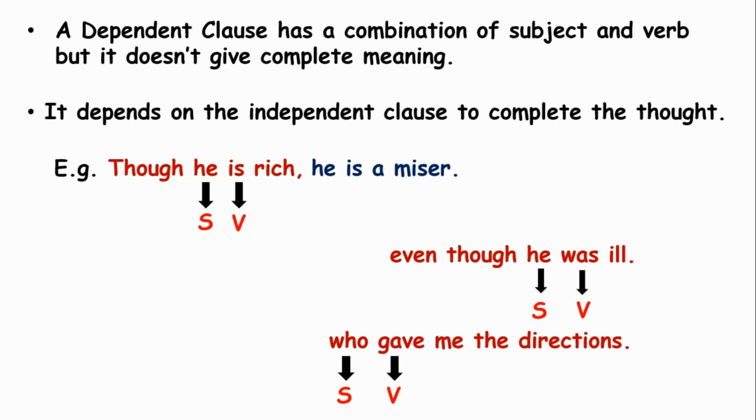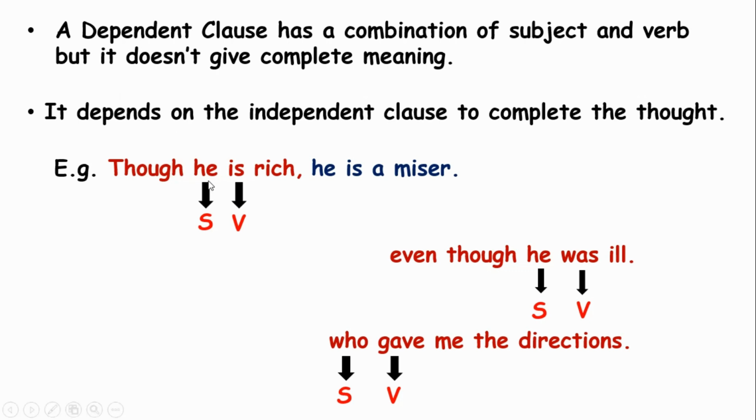Though he is rich, he is a miser. Now look at the sentence. Though he is rich, he is a miser. Here, though he is rich is a dependent clause, whereas he is a miser is an independent clause. What's the only thing with an independent clause? Only one condition: it should have complete meaning. It is a combination of subject and verb and it should have complete thought.